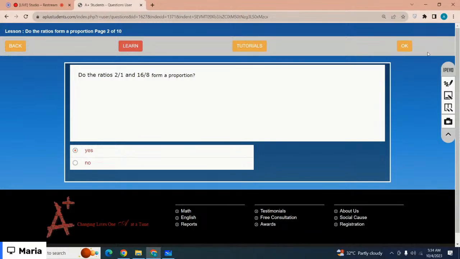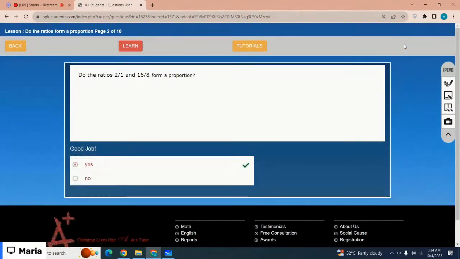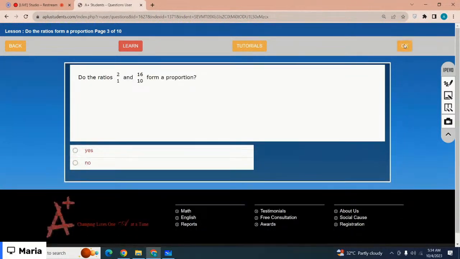The correct option is yes. Do 2 by 1 and 16 by 10 form a proportion? Which is the correct option? Yes or no? No, they do not form a proportion, right? When making their denominators the same, their numerators are still different, so they do not form a proportion. The correct option is no.